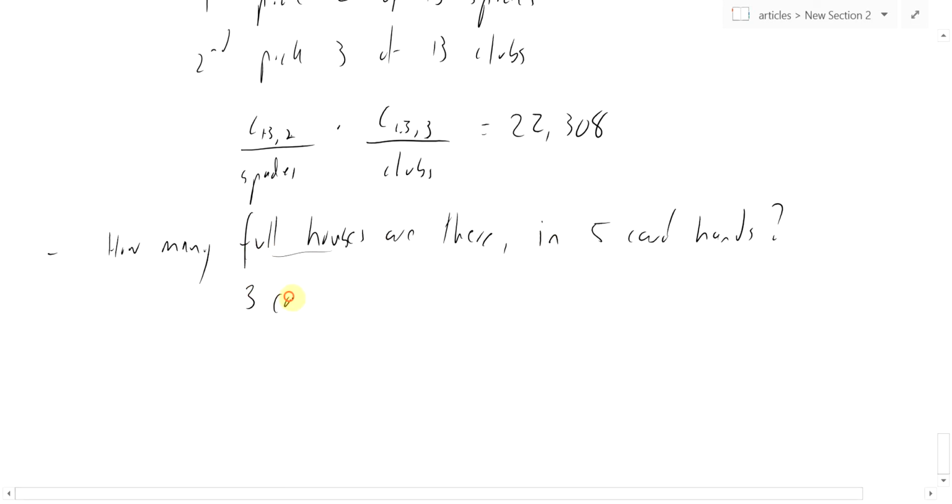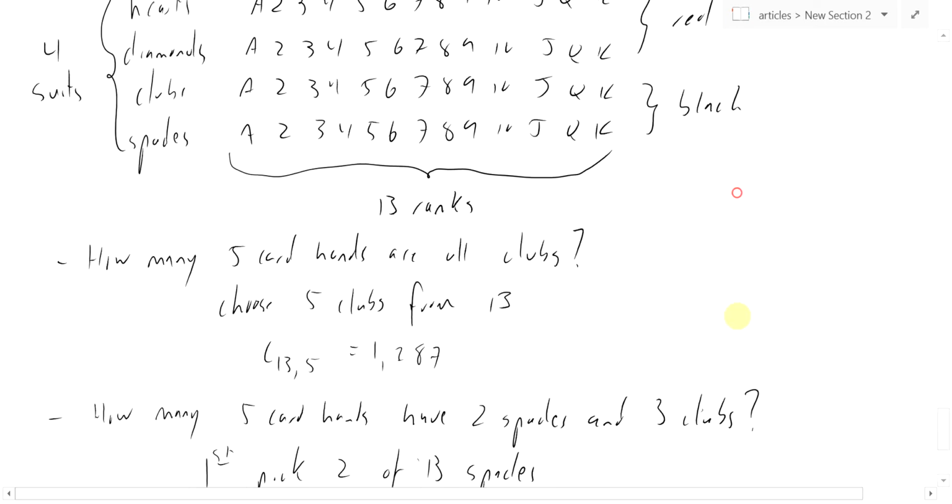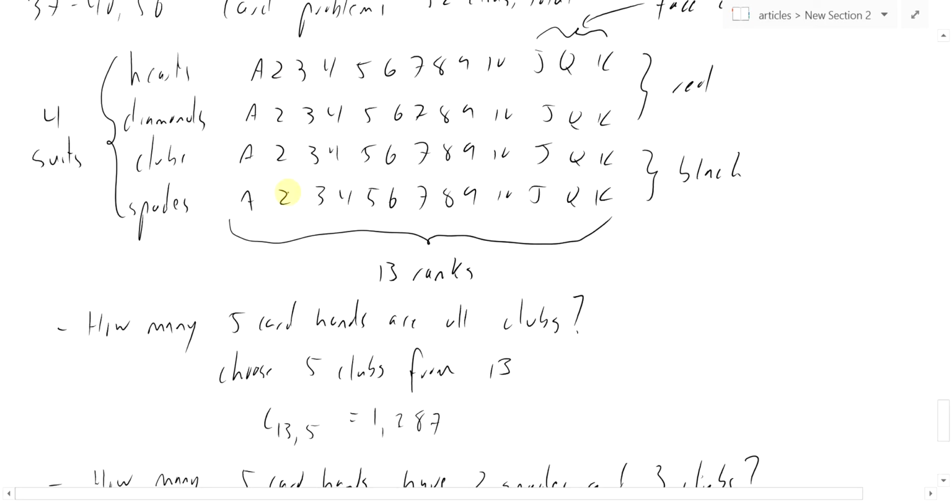3 cards of one rank, 2 cards of another. And remember, rank: aces is a rank, 2s, 3s. So if I had 3 10s and 2 6s, that would be a full house.